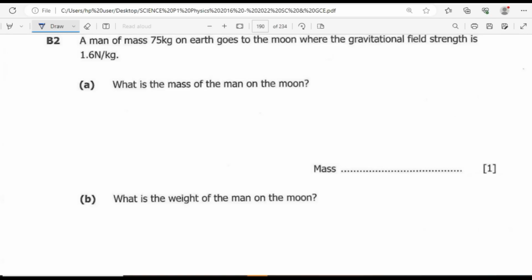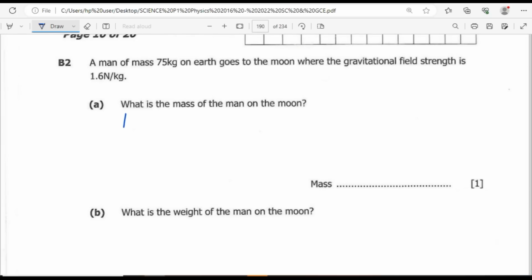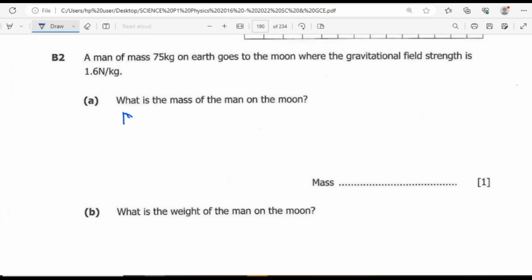So the concept here is, we are saying the mass is 75 kg on Earth, then what would be the mass of this person on the moon?